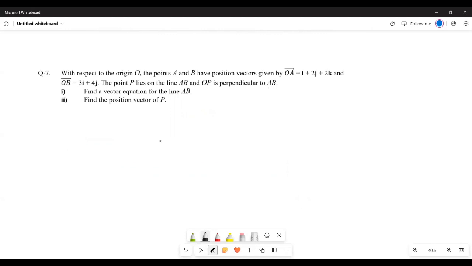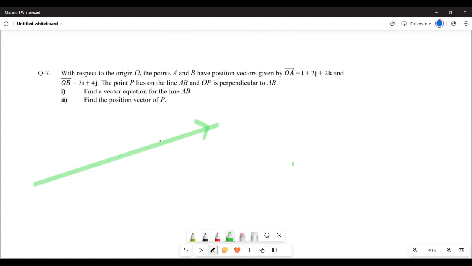Okay. So there's a line AB. Let's say A is somewhere over here, for example, B is somewhere over here. P lies on the line AB. And OP is perpendicular to AB.